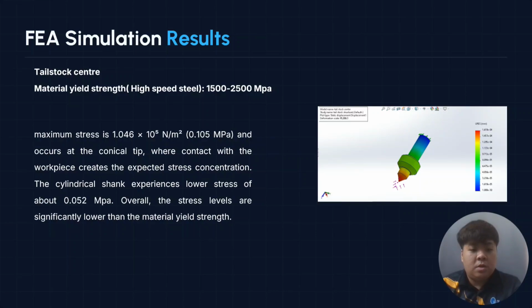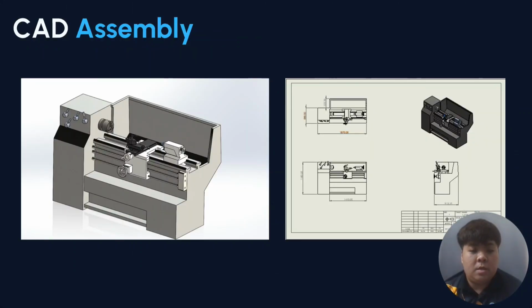The cylindrical section experiences lower stress, about 0.05 megapascal. Overall, the stress levels are significantly lower than the material yield strength, proving the part is safe and sufficient for turning operations. And next is the assembly.